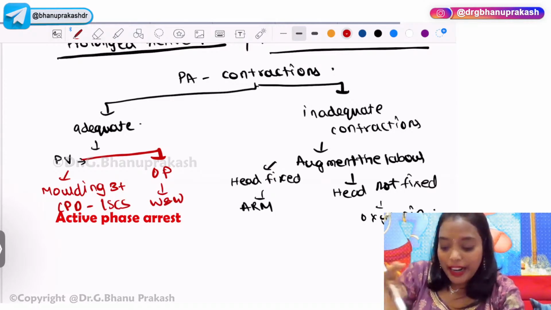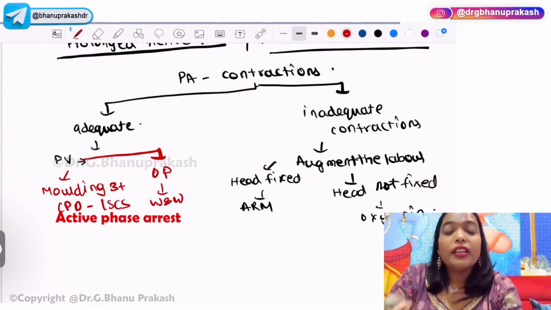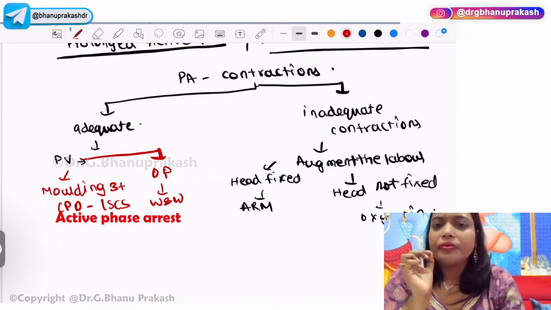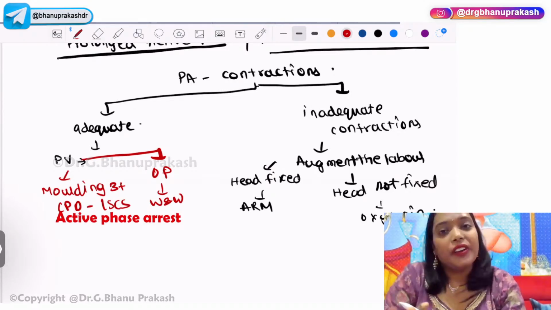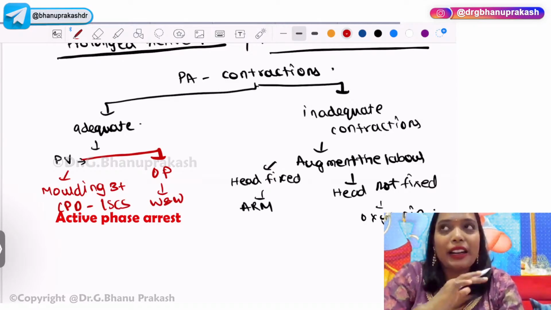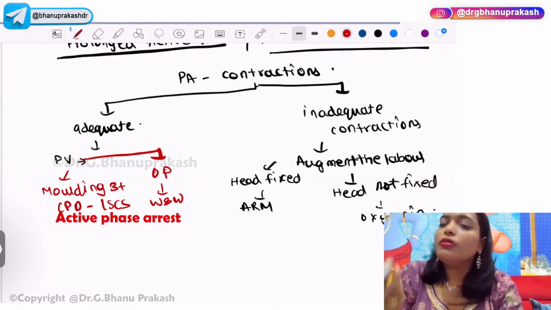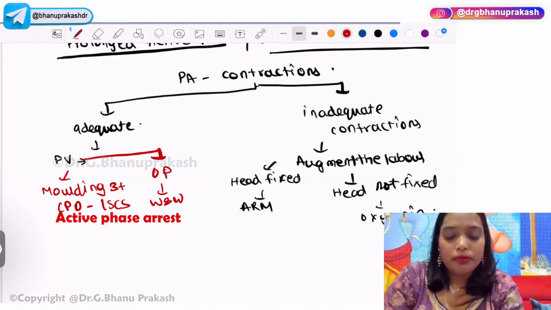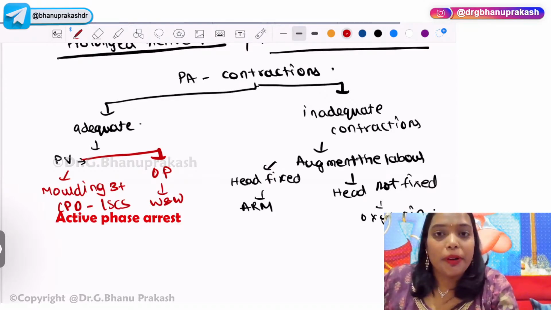And if the head is OP position, then I will watch for progress, because in OP, 90% of the time, baby will rotate and deliver. Correct? There are some MCQs where they give you that on PV, OP, occipital posterior, is felt. Then what you should do? Wait and watch. Inadequate contractions, you can augment the labor.